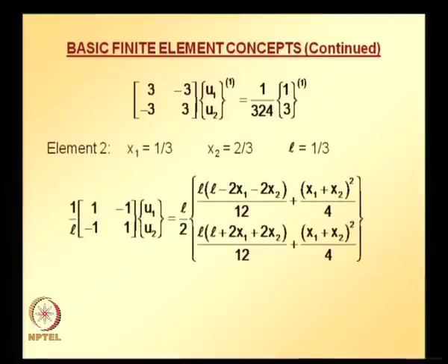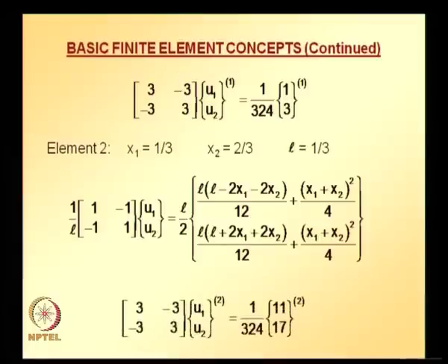Element 2 is also an element for which x is equal to 1 is not part of it. So, you can use the same equation system, that is, the element equation without boundary conditions. You plug in x1, x2, the local node 1 coordinate, local node 2 coordinate and the length of that particular element, and you get element equations for element 2.